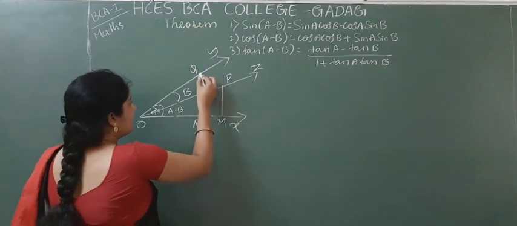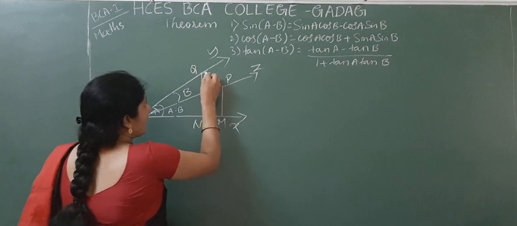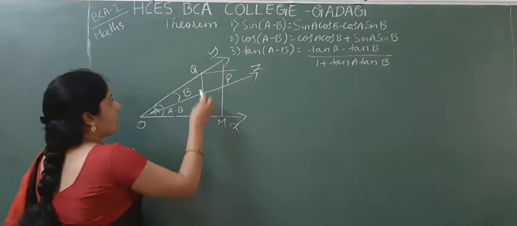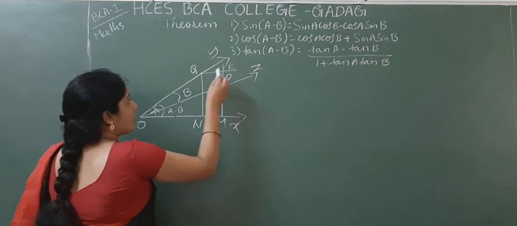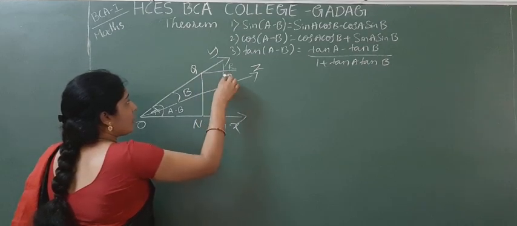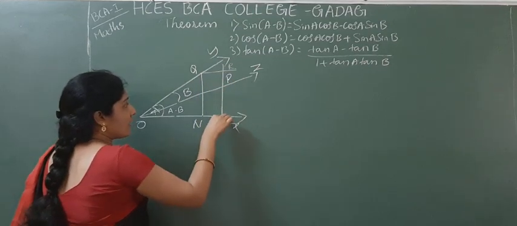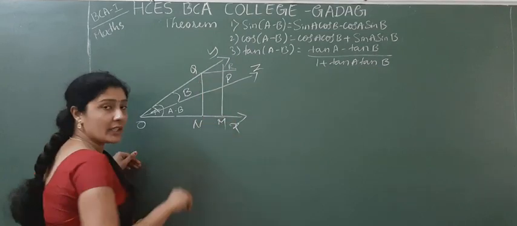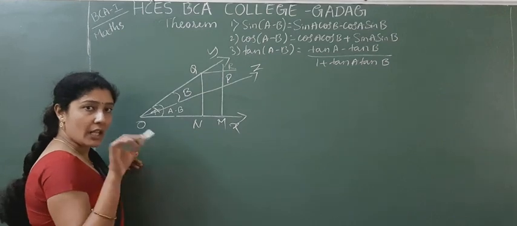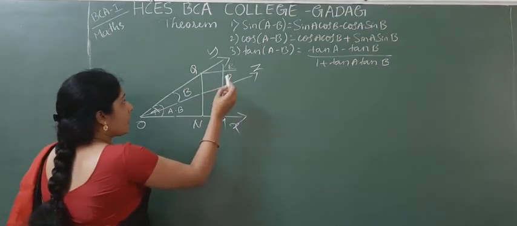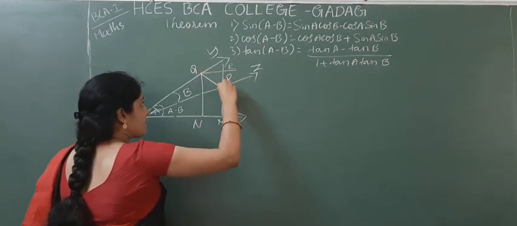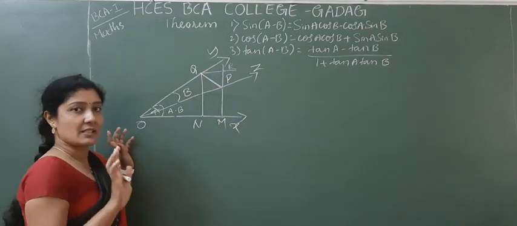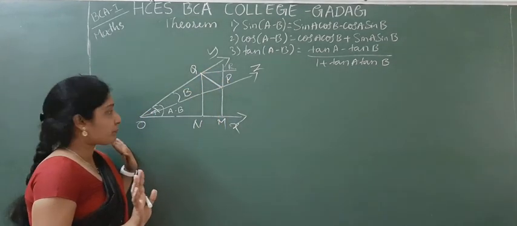Now, draw QR. QR must be perpendicular to the line PM, and also QR is parallel to NM. Now join Q and P. So this is the diagram.